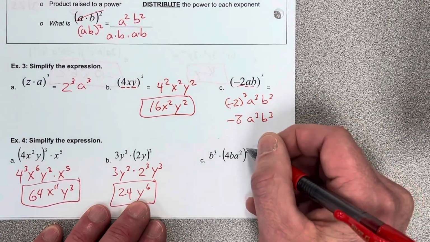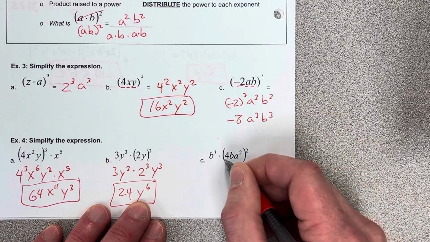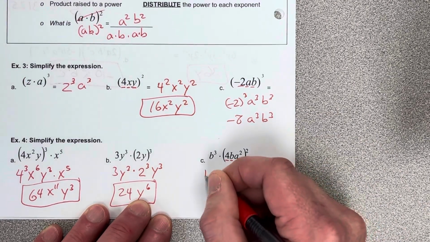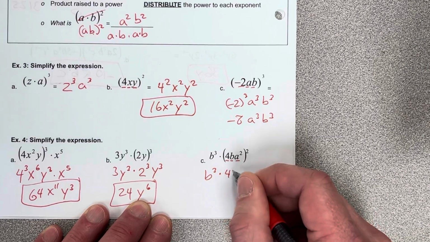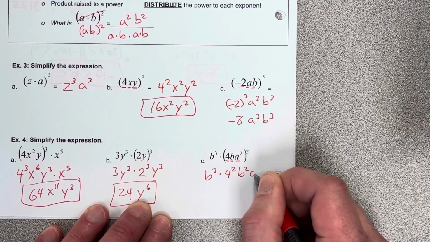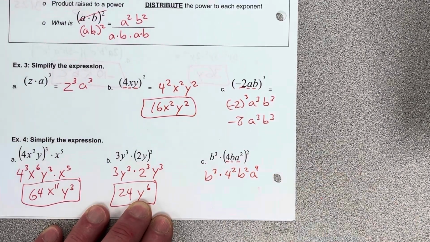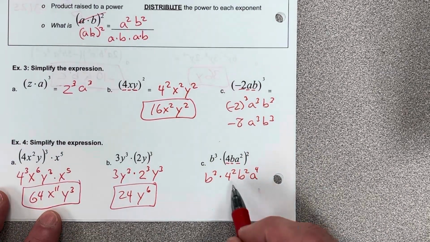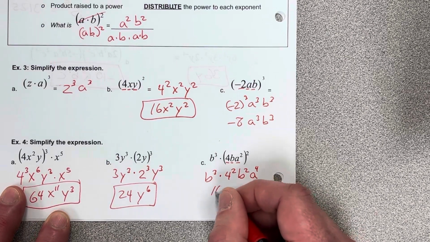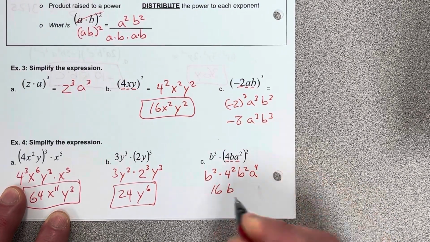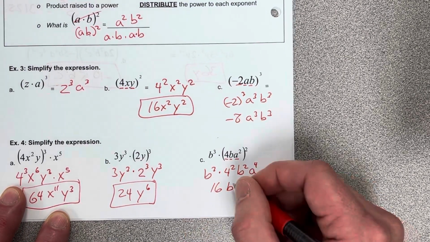Okay, so the 2 goes to everything, including the 4, okay? Not the b to the third, though. It's outside the parentheses. So we'll have 4 squared b squared a to the 4th. And then from there, I'll calculate 4 squared is 16, and then we got b. The bases are the same, they're multiplying, so you add the exponents.